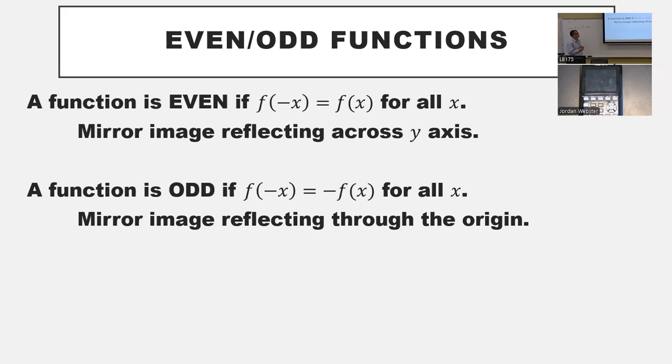Odd functions are different. To have an odd function mathematically does not mean strange in mathematics. Odd function mathematically means when you plug in a negative x, you get the opposite of what you get when you plug in a positive x.